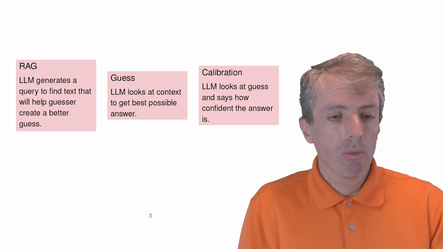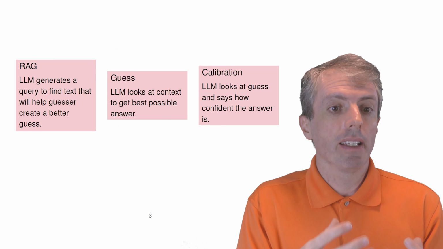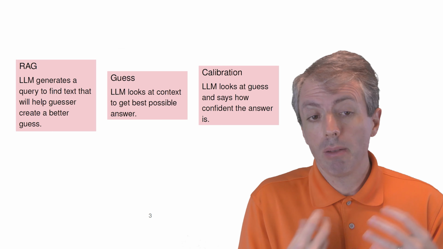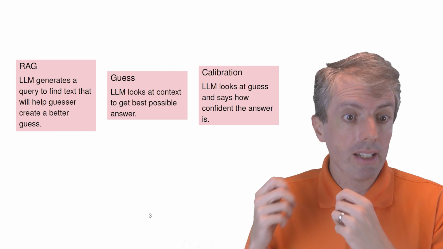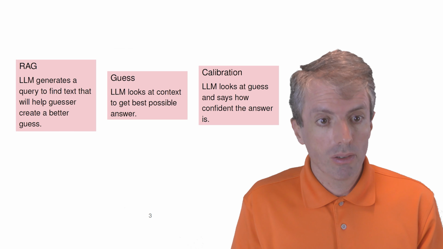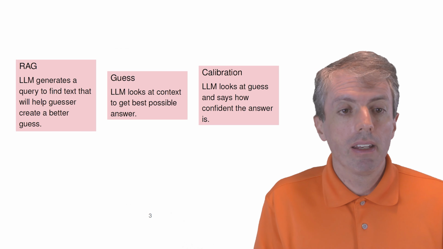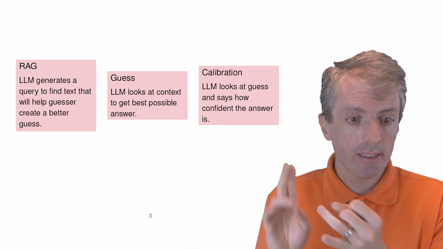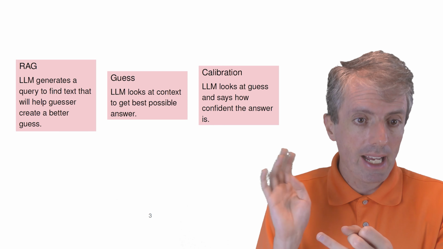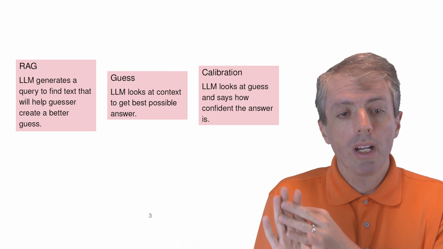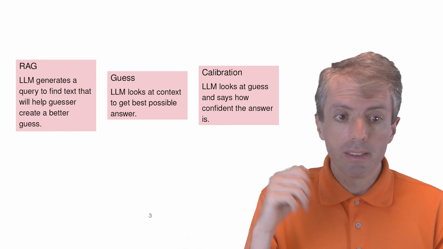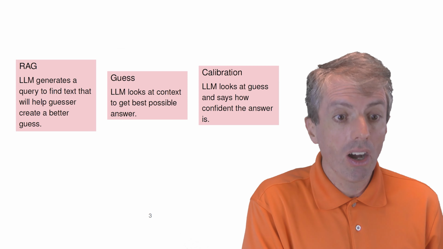Question comes in, we try to generate a query that finds a good piece of evidence to help answer the question. Given that information, we'll try to generate a guess to the question, and then looking at the context that we got from RAG, the guess that we generated from the context and the question, we will try to generate a real valued number that says, how likely are we correct?